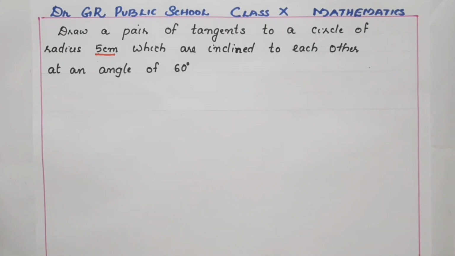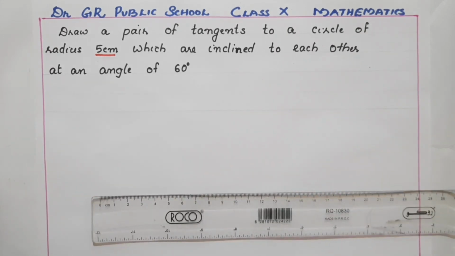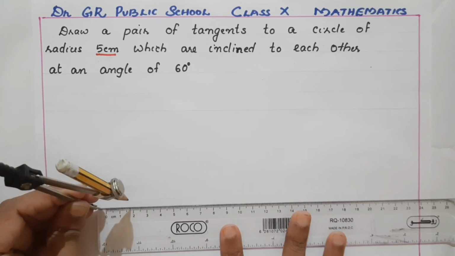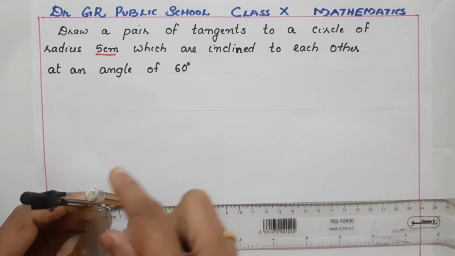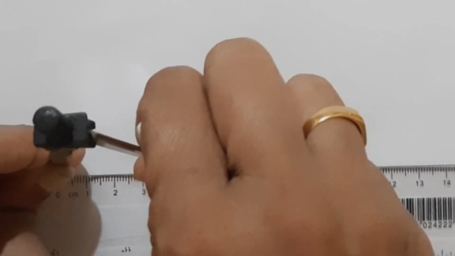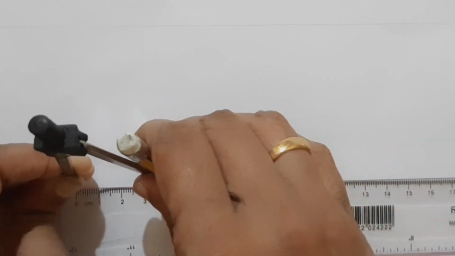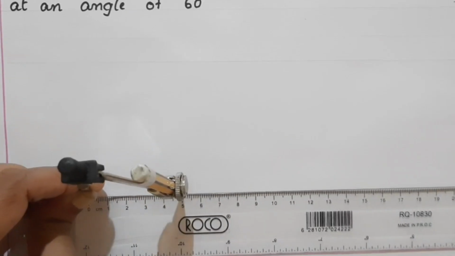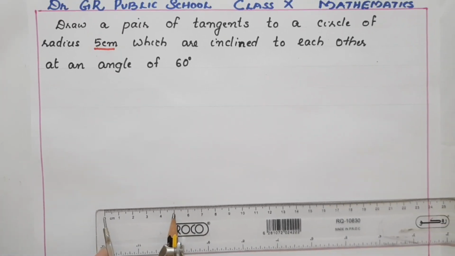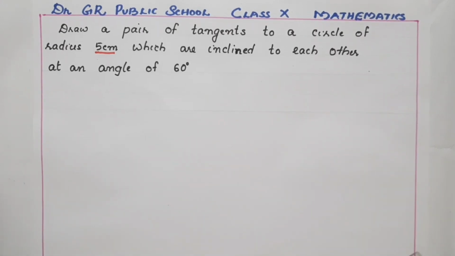So I am taking 5 centimeter radius in the compass. Okay, I took 5 centimeter radius in the compass. Then drawing the circle.